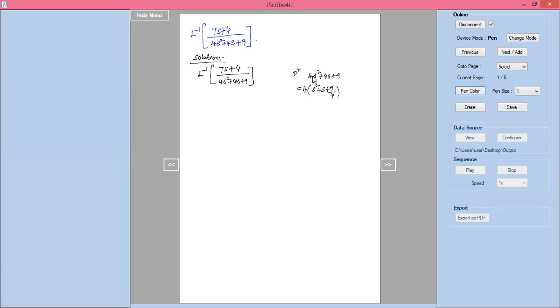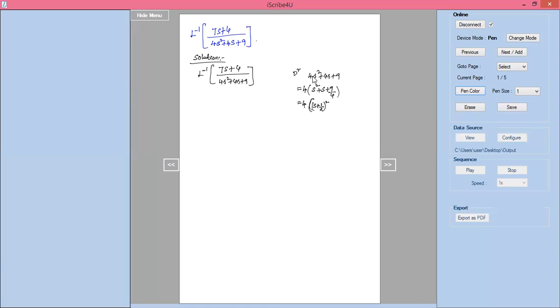Now what I will do here: 4 into s square plus s plus 9 by 4, I will write it as s plus 1 by 2 whole square. S plus 1 by 2 whole square is nothing but s square plus 2 into 1 by 2 into s plus 1 by 4.